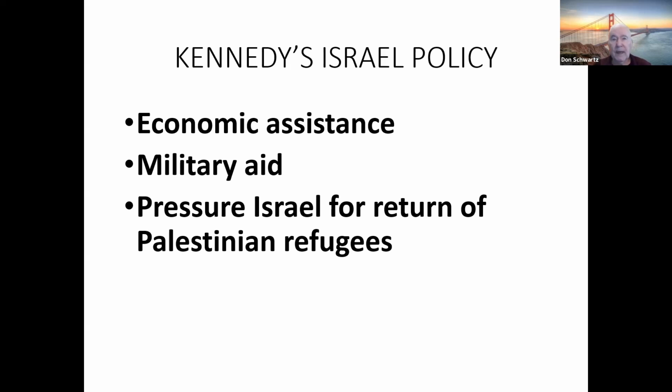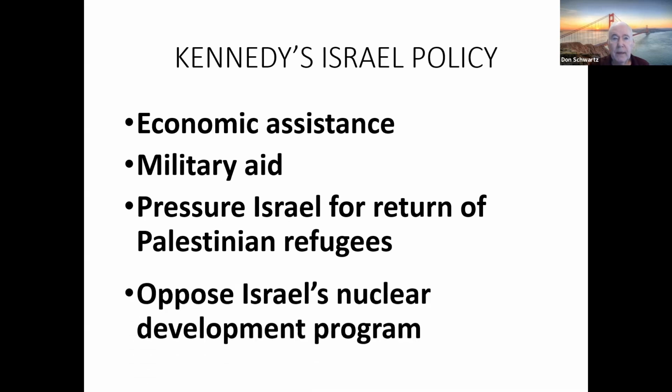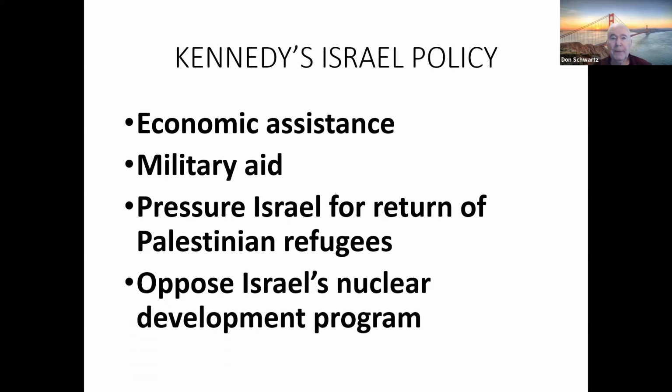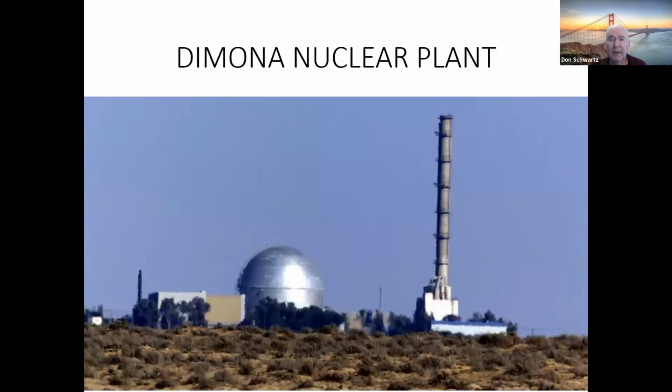A second area of concern for President Kennedy was that he wanted Israel to refrain from developing nuclear weapons. Since 1960, the Israelis were constructing a large nuclear reactor in the town of Dimona in southern Israel.